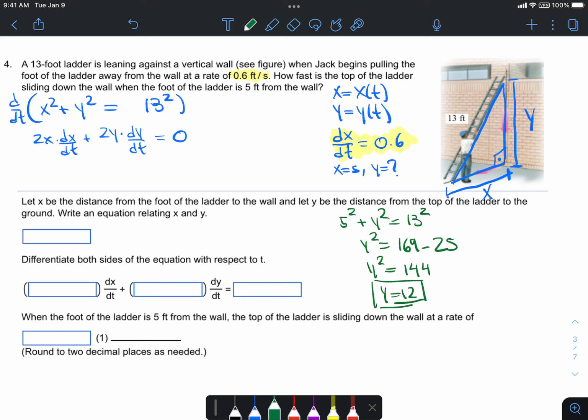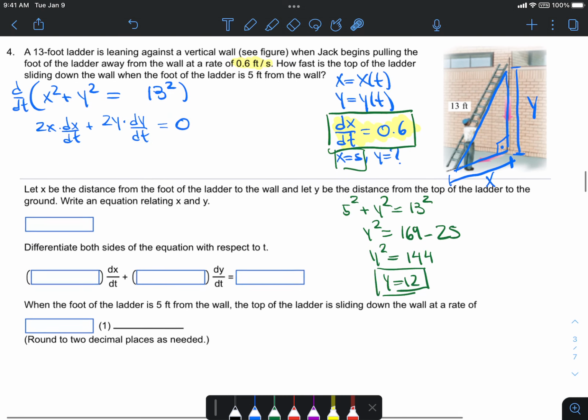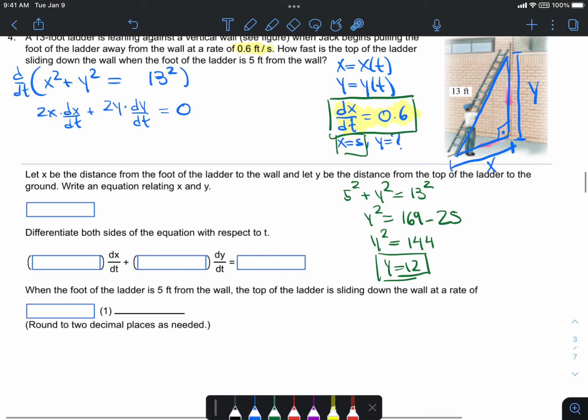So we now know dx/dt. We know y. We knew x already. If we plug all of those quantities into this equation, we will get 2 times 5 times 0.6 plus 2 times 12 times dy/dt, or y prime.